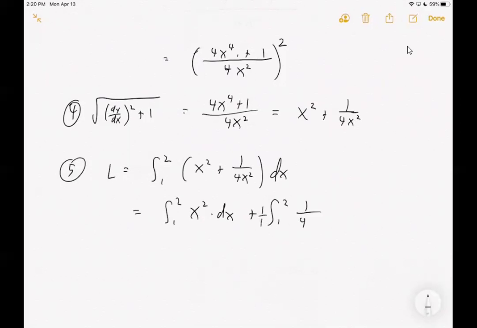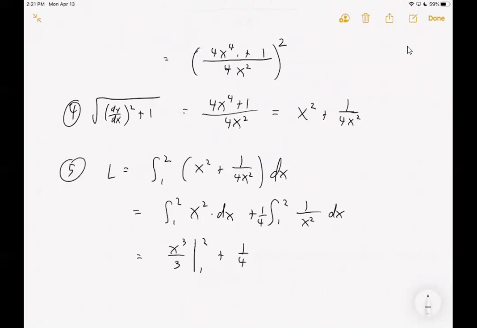In fact, let's put the 1/4 out in front. I think it'll make it even more obvious now that we've broken it up into two problems. Okay, so now the antiderivative of x squared, we have seen a number of times, x cubed over 3. We'll evaluate that at 1 and 2, plus 1/4.